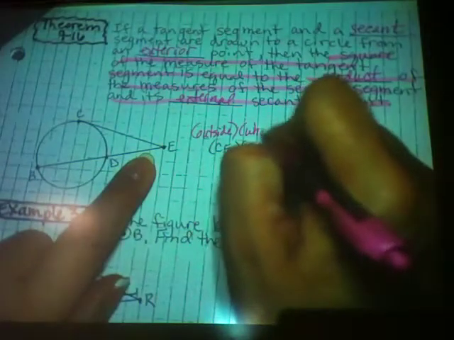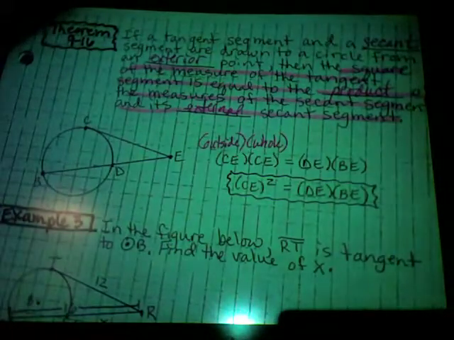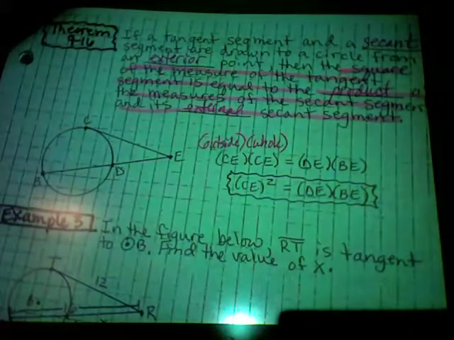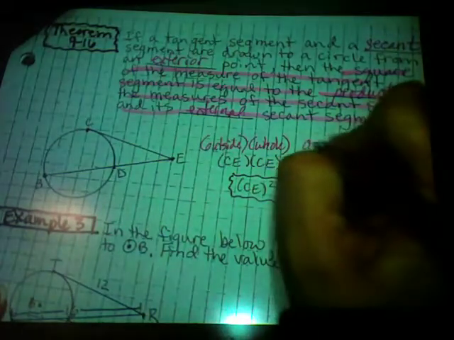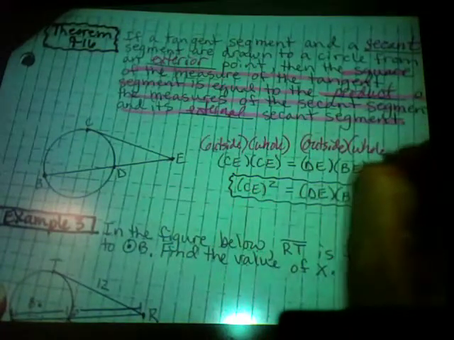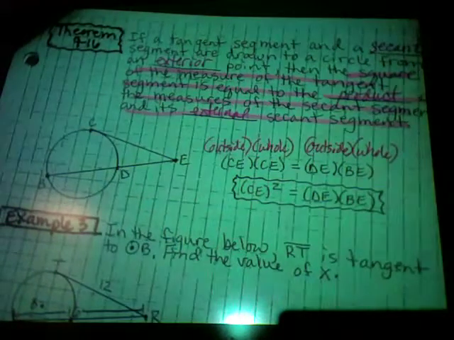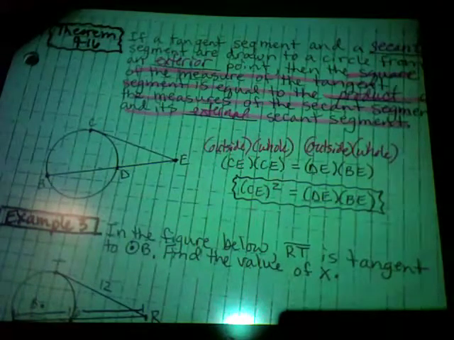So outside and whole on the tangent are the same. That's why they're saying to square it. But I want you to view it as being no different than the last one that we looked at. Outside times whole equals, outside is DE, times the whole, which is from B to E. It's no different. Don't bother to learn something new. Look at it as if it's exactly the same.